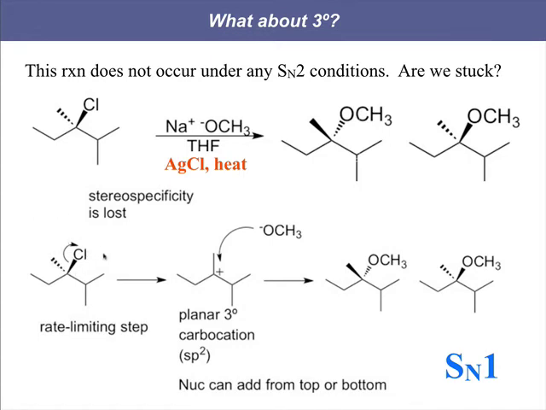It's the first step in this mechanism, and it only involves the substrate. The leaving group leaves on its own without any influence from the nucleophile. That generates a cation. We're losing a bond to our carbon. And as a result, we have a planar tertiary carbocation.